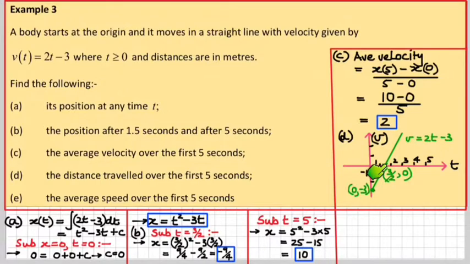So that has dramatic implications when we're trying to work out distance, okay?